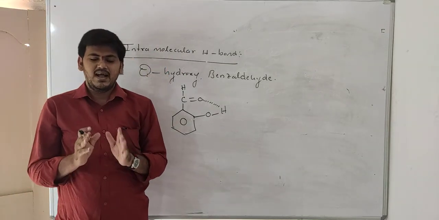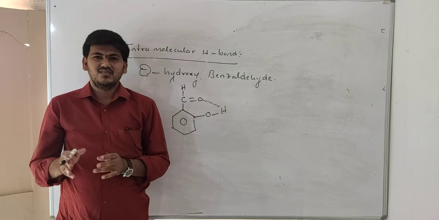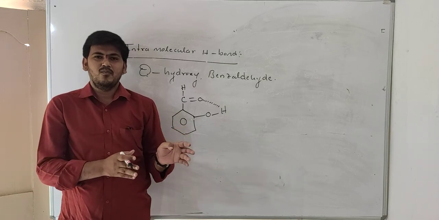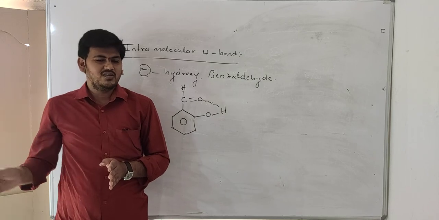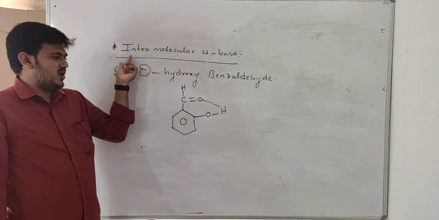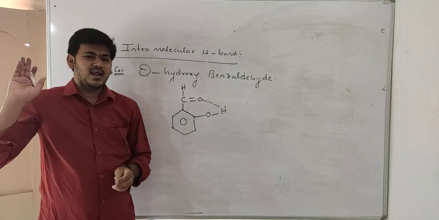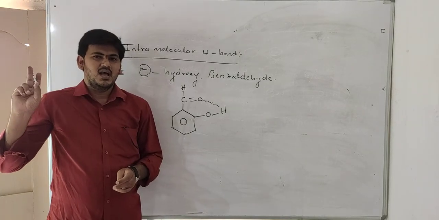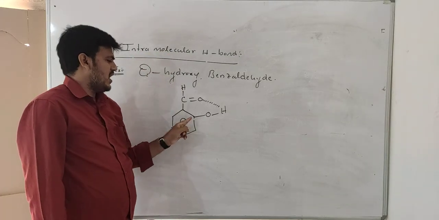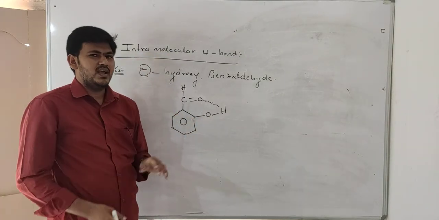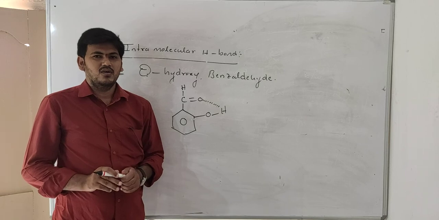So, the hydrogen bond and its types: intermolecular and intramolecular. Intermolecular, best examples water, hydrogen fluoride and ammonia. Intramolecular, best example ortho hydroxy benzaldehyde. So this is the hydrogen bond.